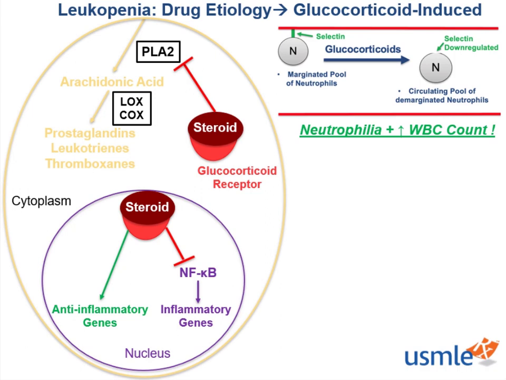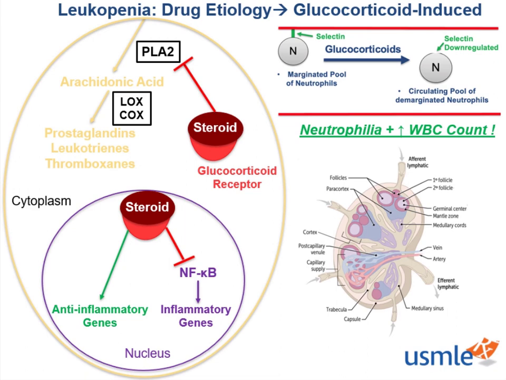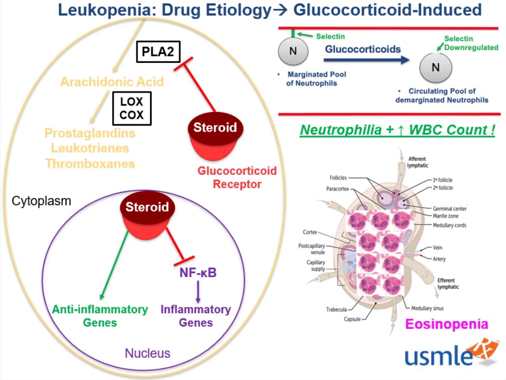In terms of eosinophils, they become sequestered in lymph nodes, as shown here, while also undergoing apoptosis, resulting in eosinopenia. Think about it.